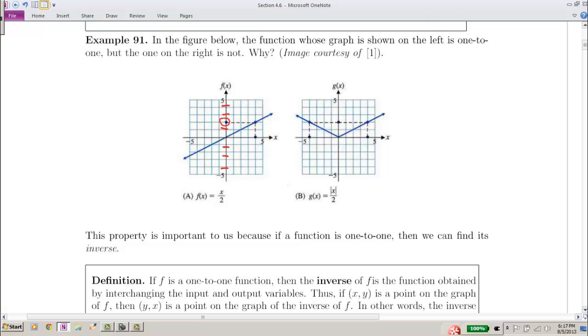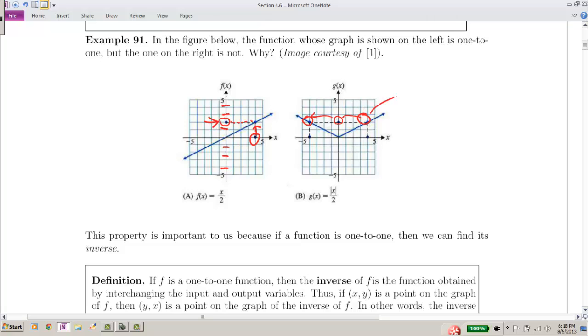For example, if we pick this y value right here, this only gets mapped to by this x value right there. On the graph on the right, we can see an instance. In fact, there's many to choose from, but the graph sort of highlights this one. If you pick this y value right here, then there are two x values that will map to this particular y value.